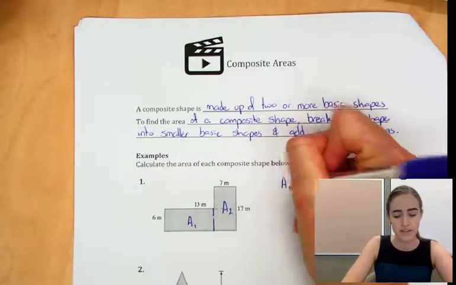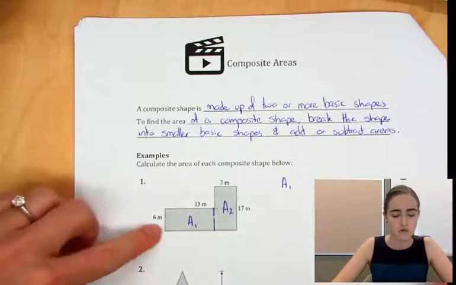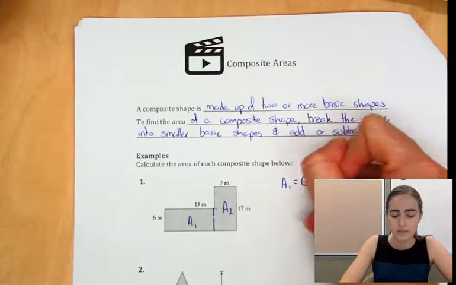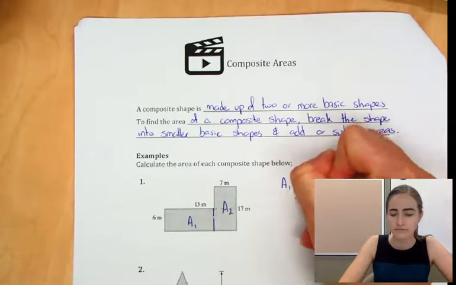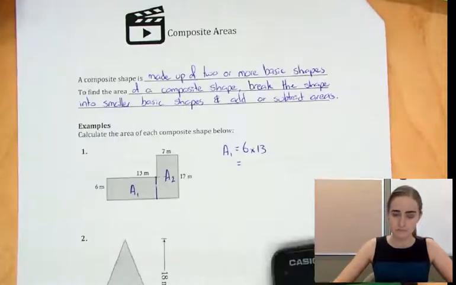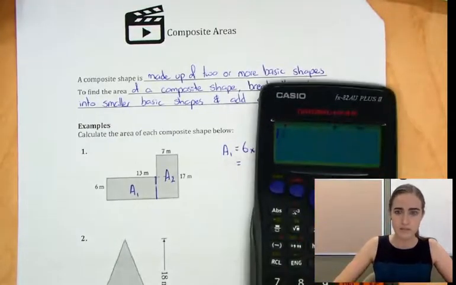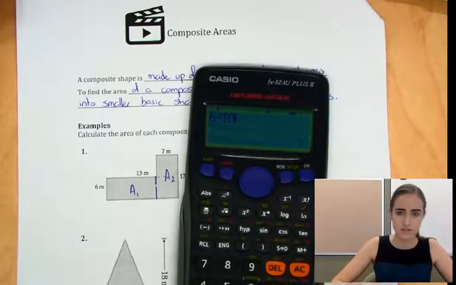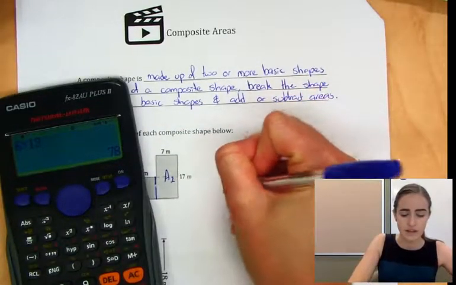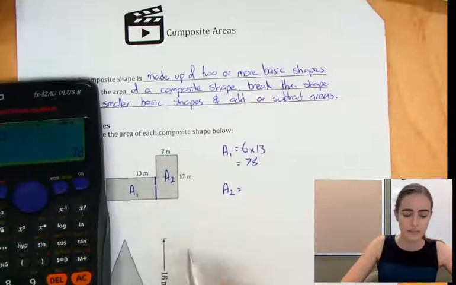So if we found the area of this first rectangle, we've got a height of 6 and a length of 13. So our area there would be 6 times 13, and that would give us 78. And then for our second area, in this rectangle we've got a 7 and a 17.